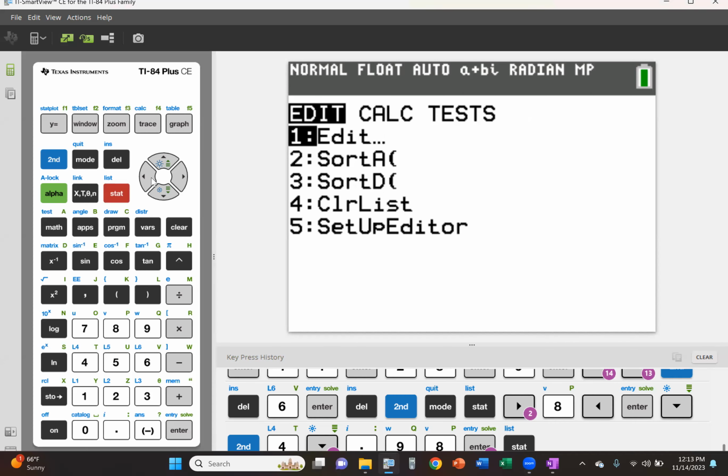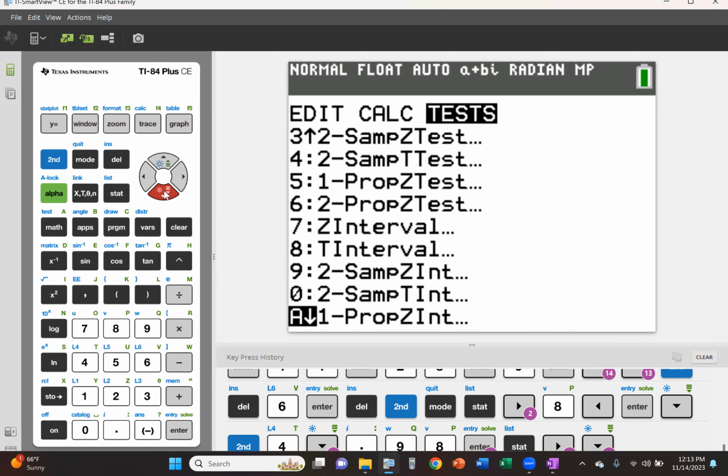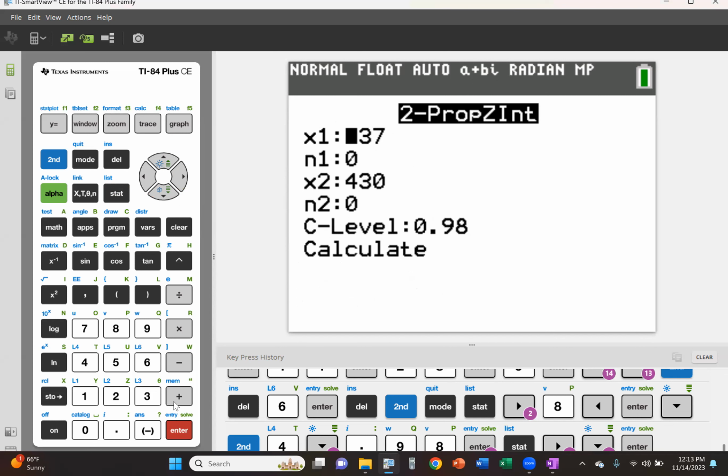So stat, tests, 2 proportion Z interval, which is B. And then we just put in the information. So of the Texans, I had 397 out of 547.